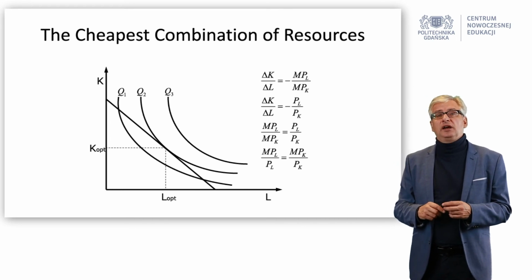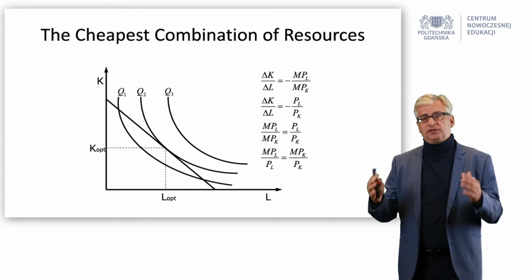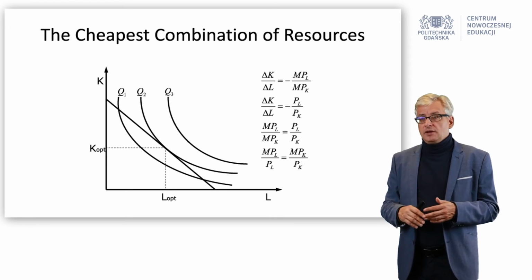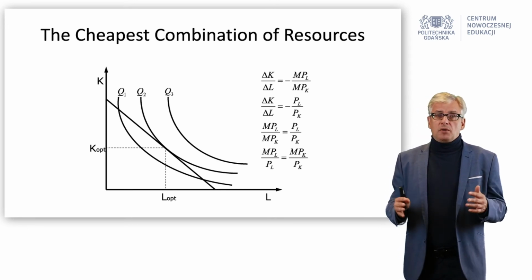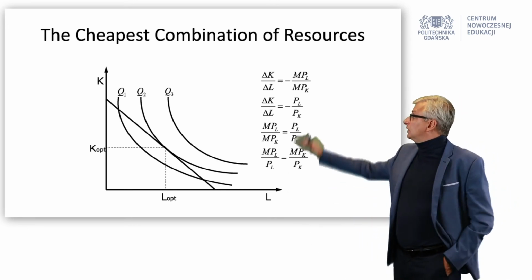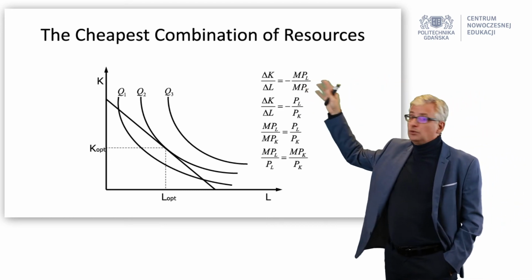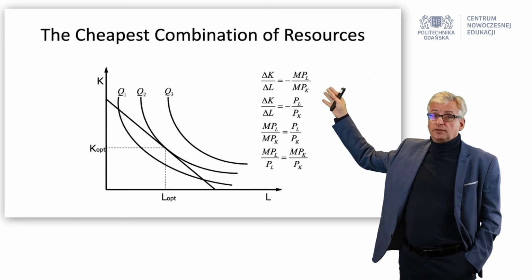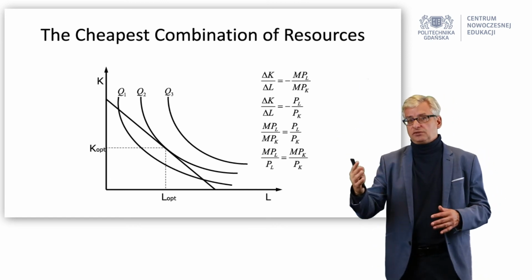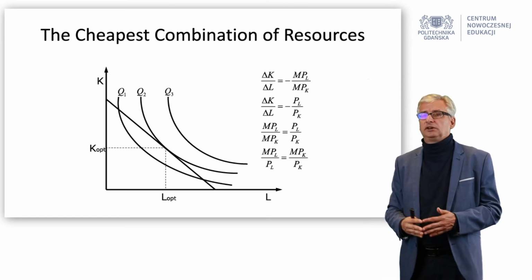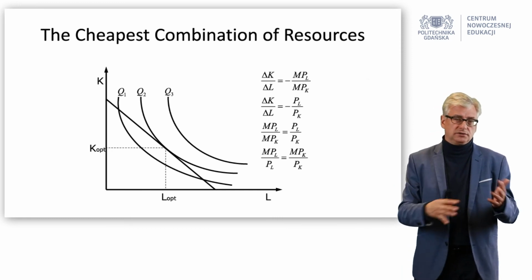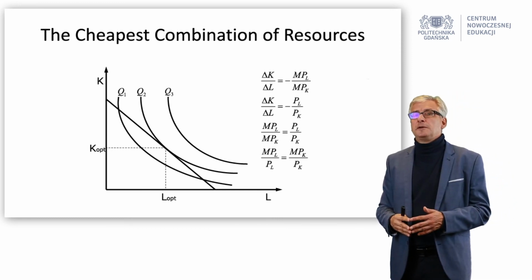Now let's have a look at both sides of the story. You remember our map of isoquants, so you can find them here in this slide, okay? Our isoquants Q1, Q2, Q3. We know Q3 is the most attractive because you produce a lot there, right? Q1 is the least attractive, the smallest production.